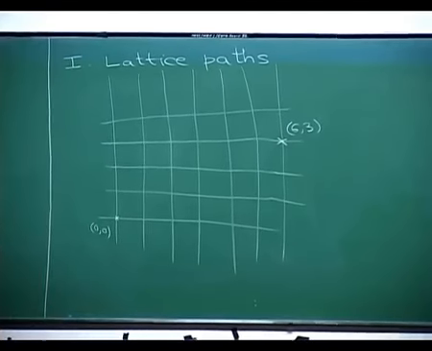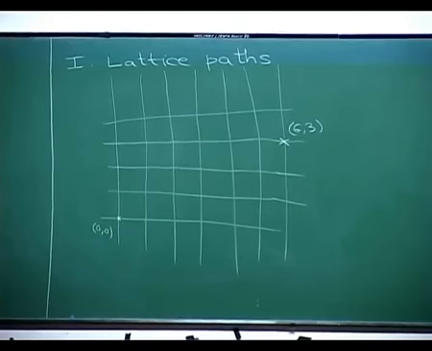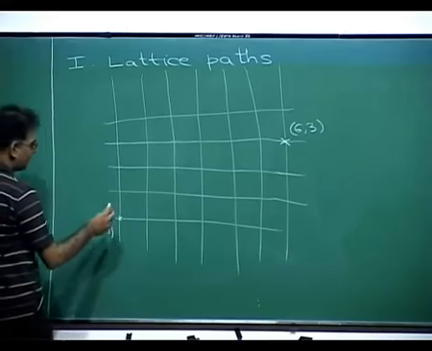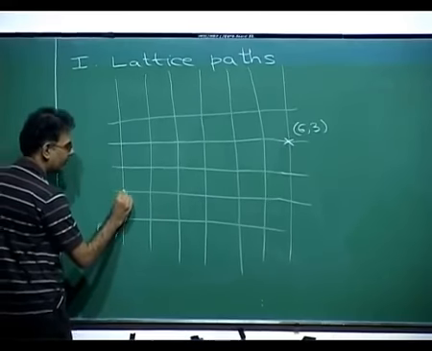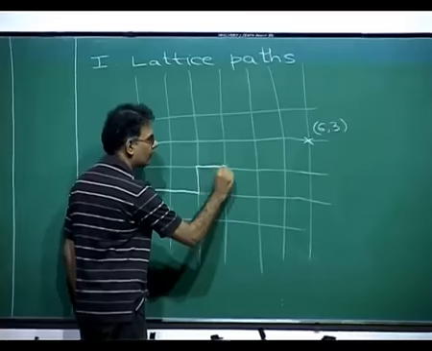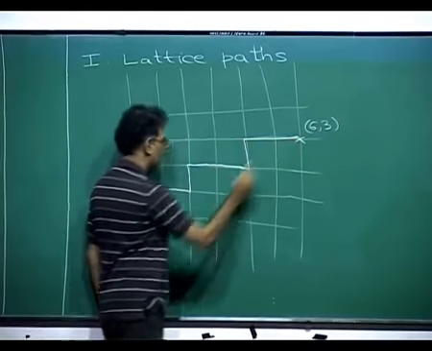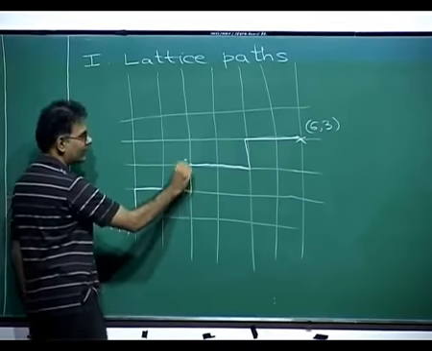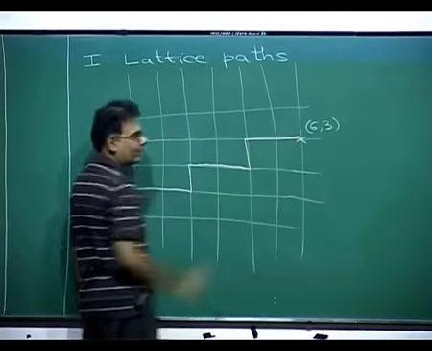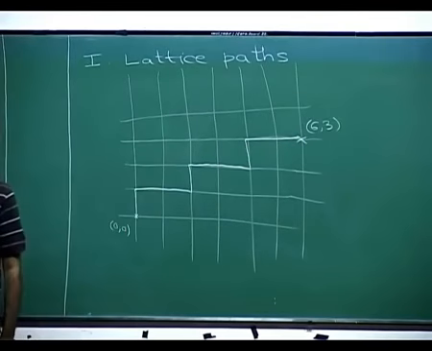As you can see, there are many paths. For example, one such path is this one. You go up, twice right, once up, twice right, once up, twice right, and you reach the point 6, 3. There are many paths, and we would like to know how many such paths.